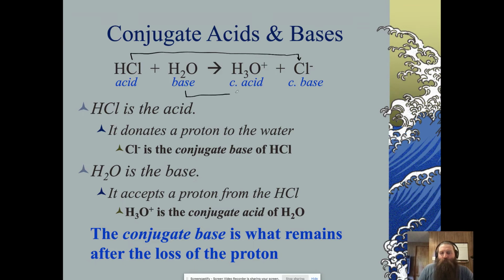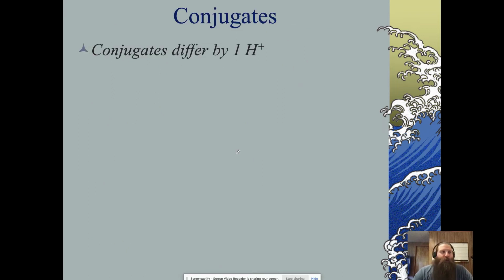The base forms the conjugate acid by accepting a proton. And it's pretty simple to track that. The easiest way to start is always to look for the conjugate base. So the conjugates are always going to be on the product side, and they're going to be whatever is left over when the acid donates its proton away. That's the definition.